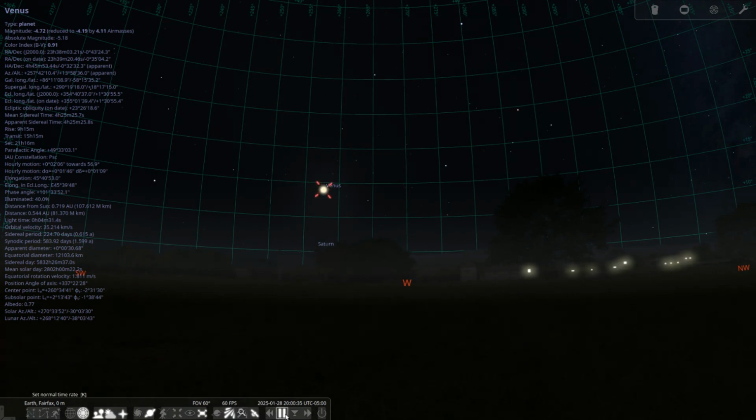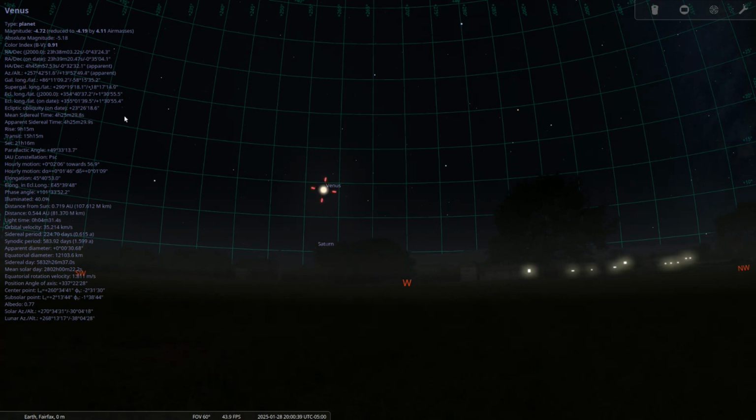I'm then going to unpause this. And what you notice is that the altitude and azimuth numbers, as I've said before, constantly change as time progresses. However, right ascension and declination do not. Those are absolute coordinate systems. They are location independent and time independent.